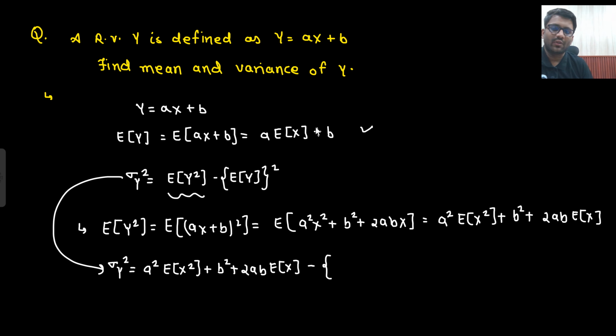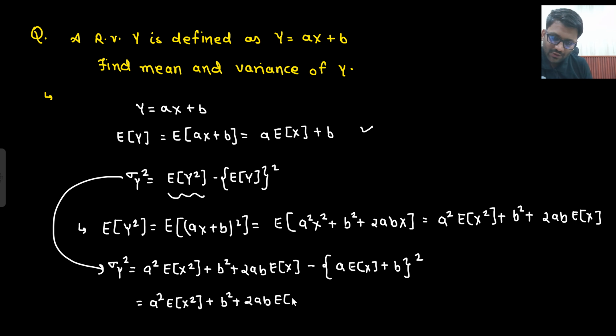Now the expectation of y. What was the expectation of y? A into expectation of x plus b, whole square, right? So what you are getting: a square expectation of x square plus b square plus 2ab expectation of x, minus this square.